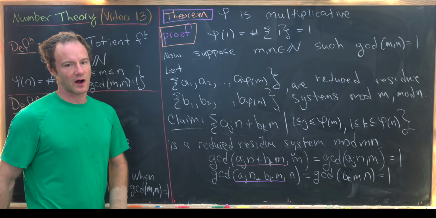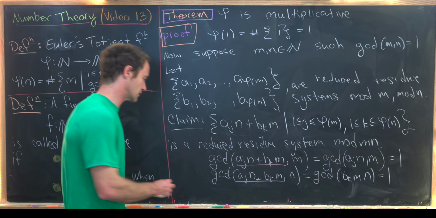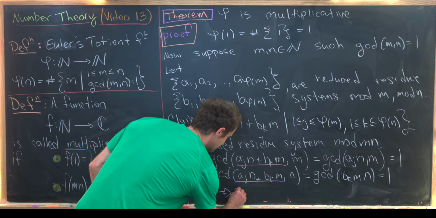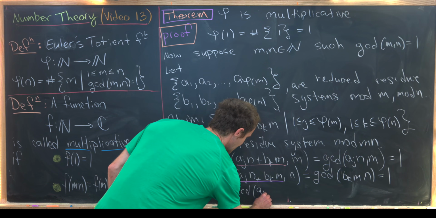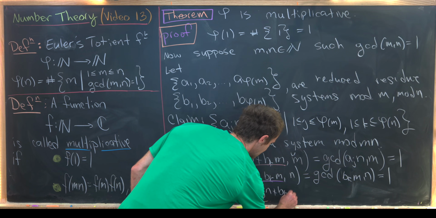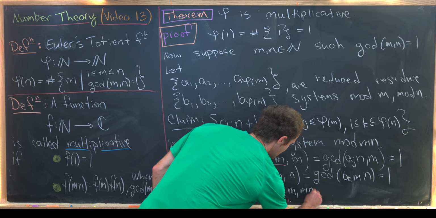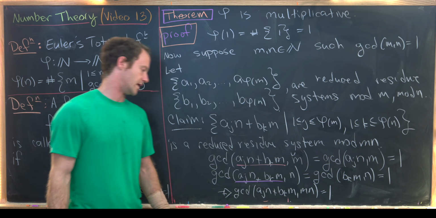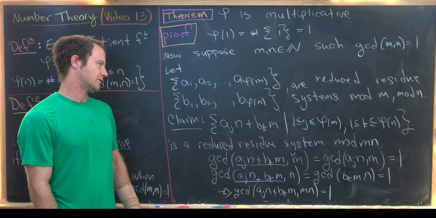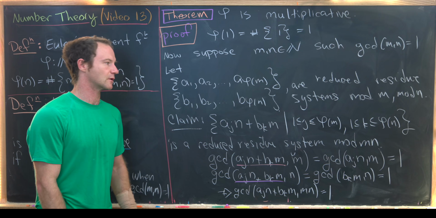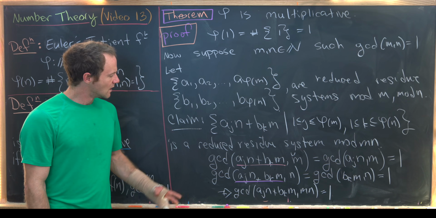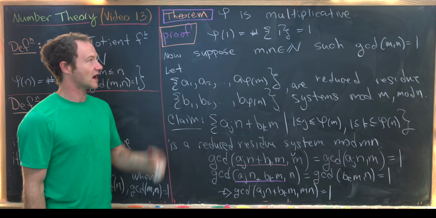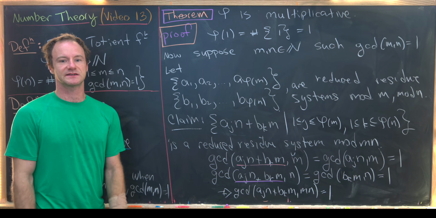So again, that's one of the properties of the GCD that we proved early on. So notice that means that we have the GCD of AJN plus BKM with mn is equal to 1. And that's one of the properties we need for this set to be a reduced residue system.